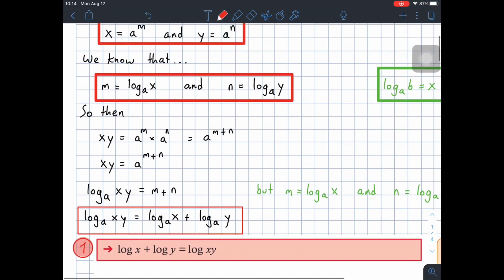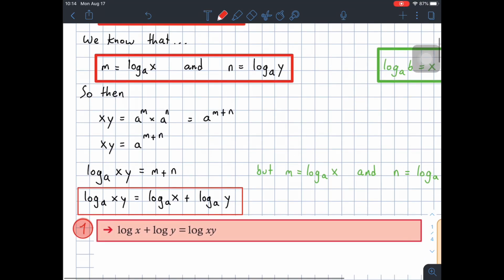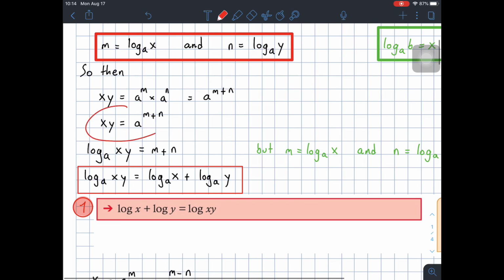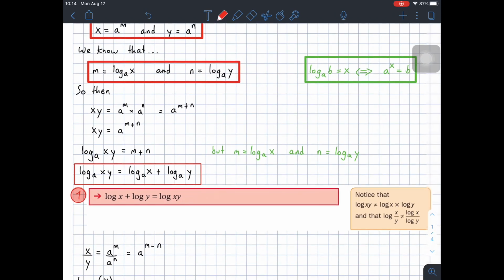So we can rewrite this using the logarithmic expression. We could say that a to the power of m plus n is equal to x times y. So if we write it as a logarithm, it's log base a of x times y is equal to m plus n. Okay, so we just rewrote this.